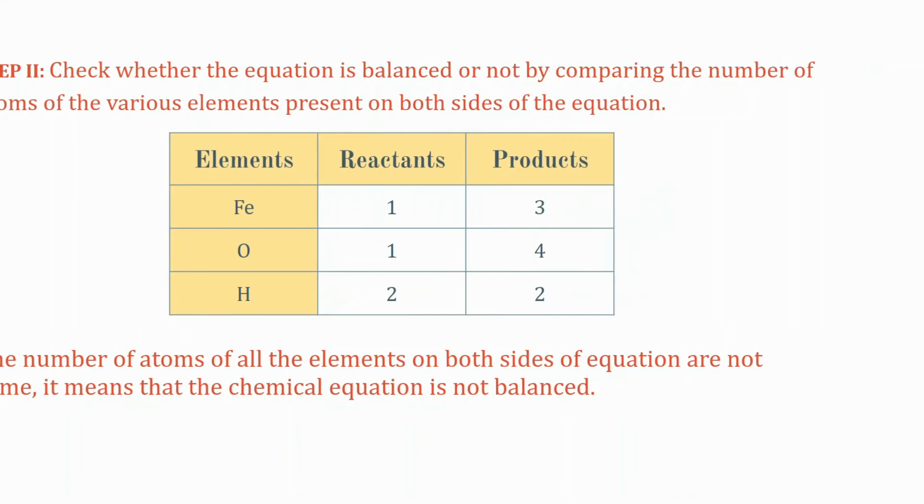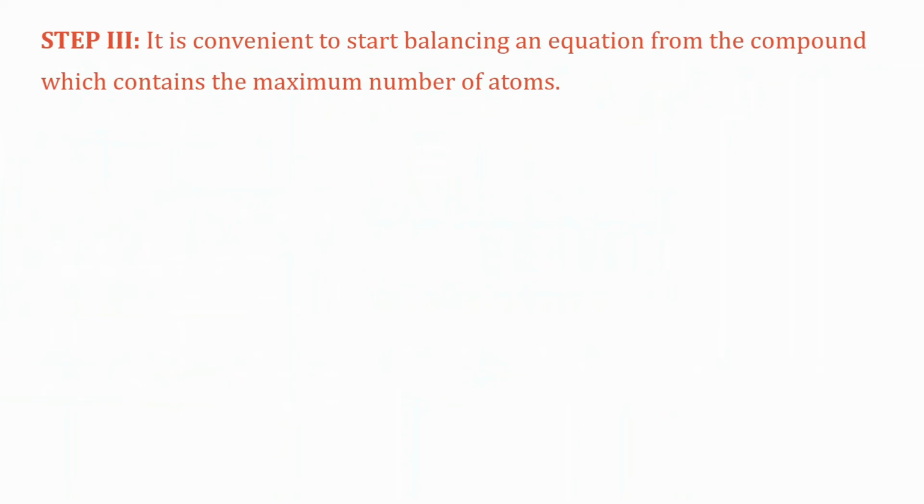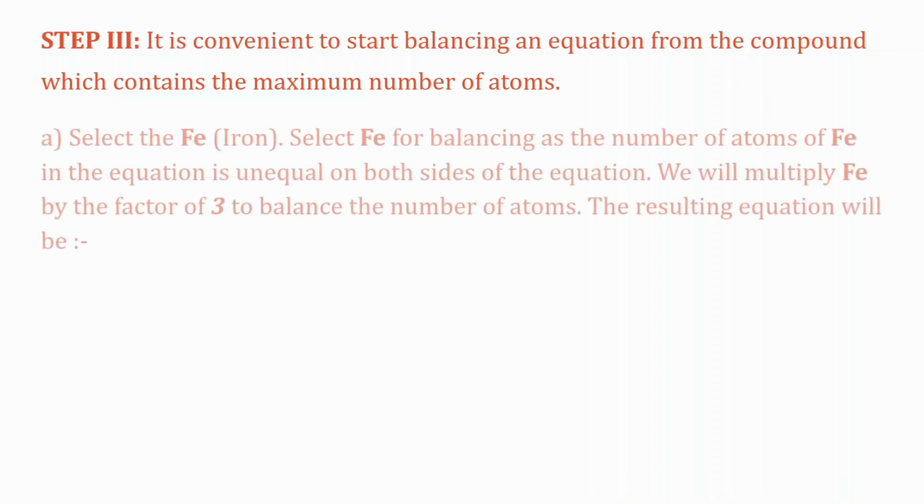Okay. Now, step 3. It is convenient to start balancing an equation from the compound which contains the maximum number of elements or the maximum number of atoms. Now, in this example, you can see that iron has the maximum number of atoms, correct?